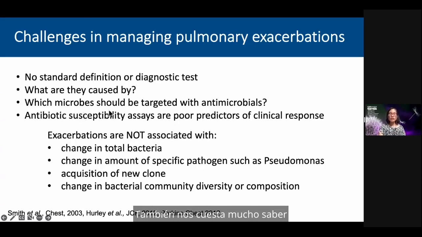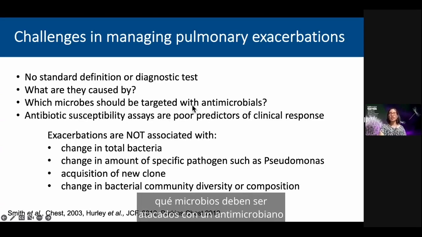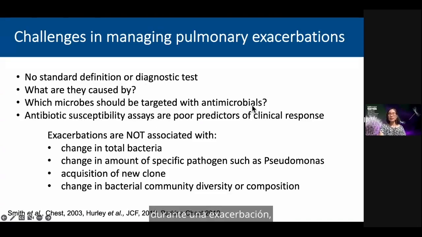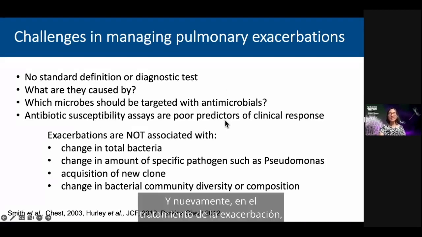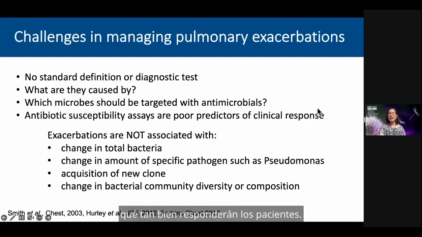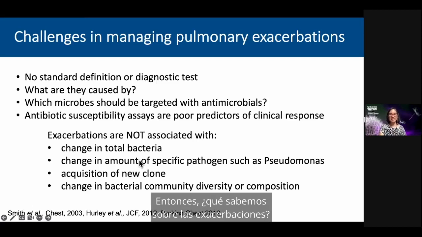We also struggle a lot with knowing which microbes should be targeted within antimicrobials during an exacerbation, given that the secretions of patients typically will have more than one organism. And again, in the treatment of exacerbation, the antibiotic susceptibility testing does not perform particularly well in predicting how well patients will respond.